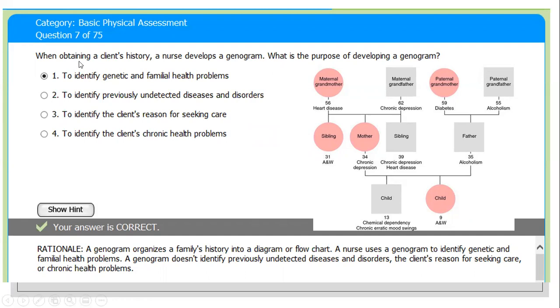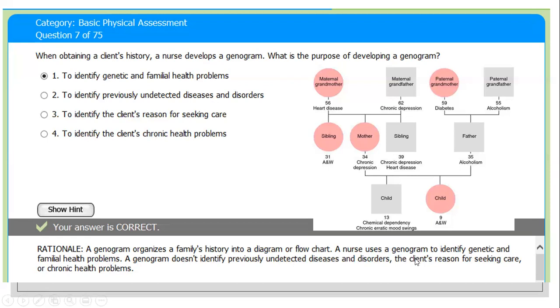So they asked for what purpose to develop it. Number 1, identify genetic disorders and familial health problems. Number 2, identify previously undetectable diseases or disorders. Number 3, identify the client's reason for seeking care, and identify the client's chronic health problem. The best choice is evaluating genetic disorders or finding out family health problems. A genogram organizes a family history into a graphic or flowchart.